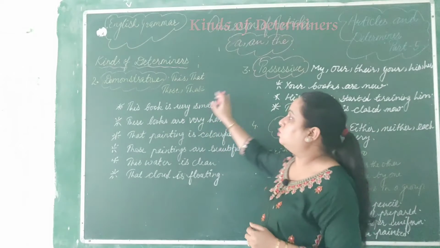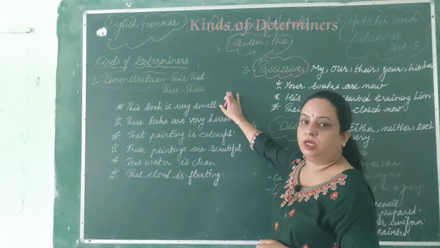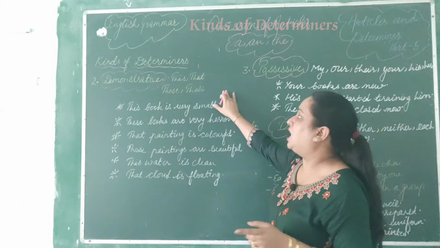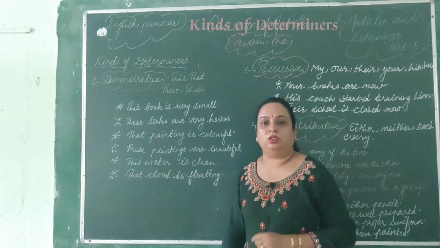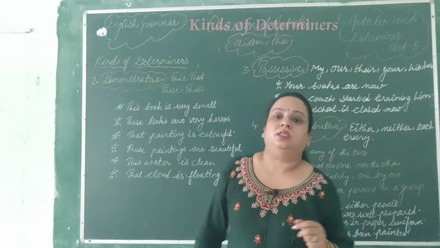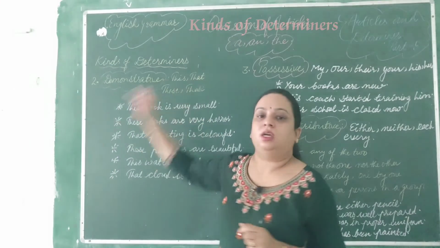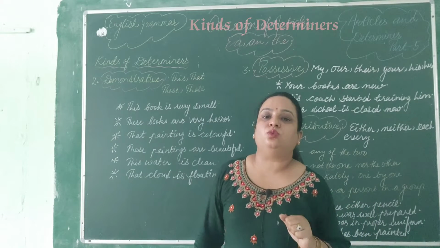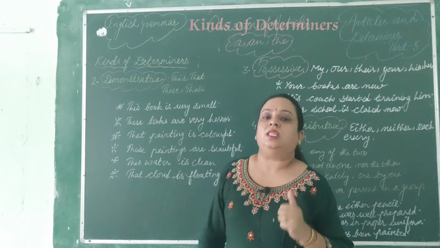Clear? So this second kind we are going to learn today, and we have read in articles too, that is this, that, these, those. So these 4 words are known as demonstrative determiners. Clear? And what should be after these words? These words should be followed by the nouns.